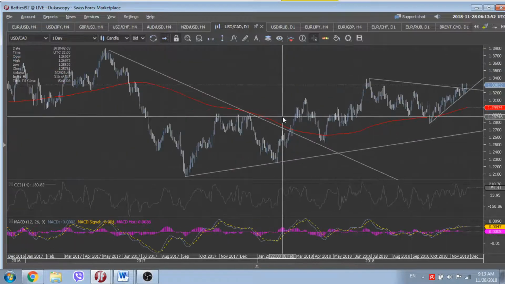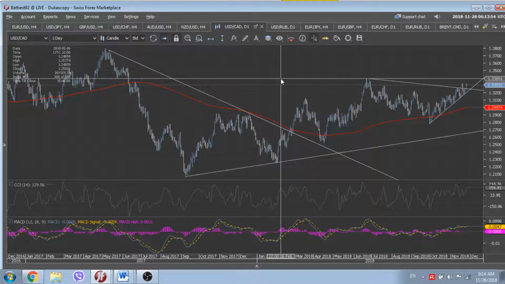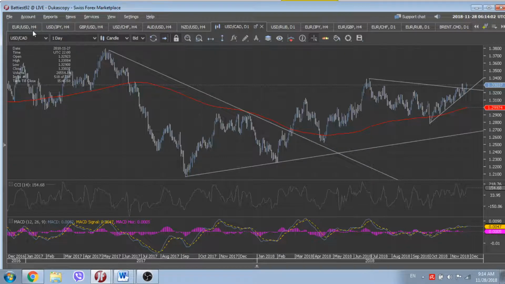A break above that level could extend dollar Canada further to the upside in case of a further plunge in the prices of crude oil in the world financial markets.